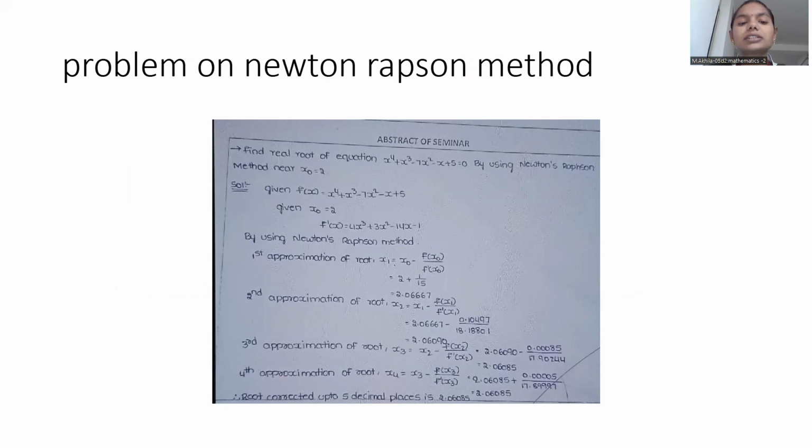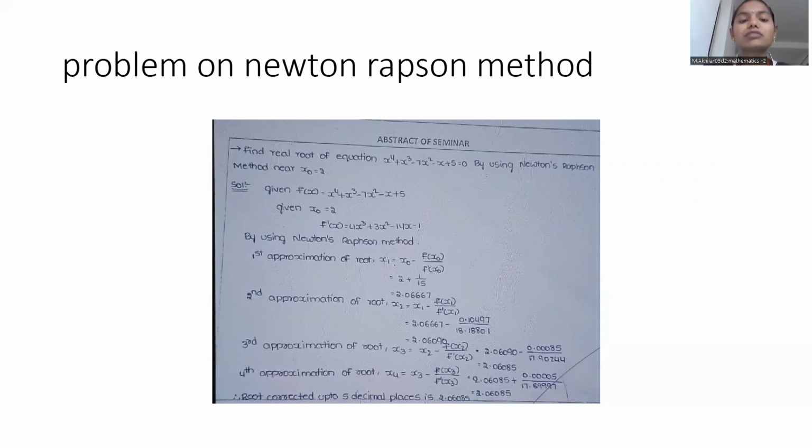Near x naught means they have already given the initial value. Here we do not need the intermediate value property, because we use it to find the initial approximation, that is x naught. Since the initial value is already mentioned, we need not use it. Let us solve the problem.